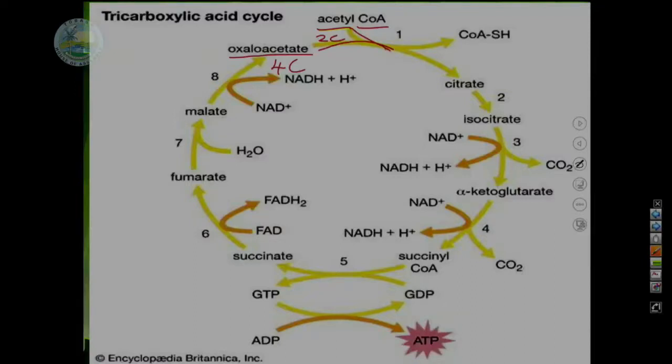And you now have this molecule, which is called citrate, which is a 6-carbon molecule. So the 4-carbon from here and the 2-carbon from here, which came from glycolysis, would have now formed the 6-carbon molecule. The coenzyme A is no longer needed, and so this simply exits, as you can see here.